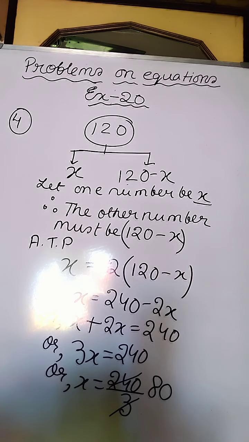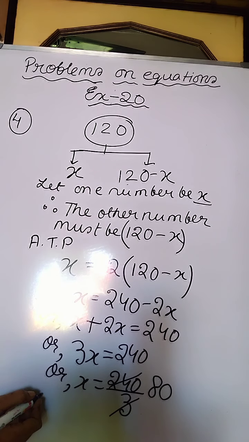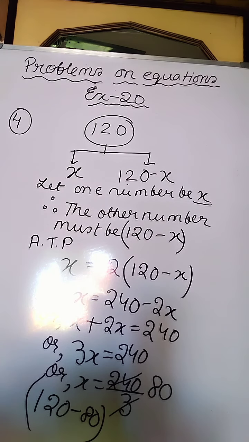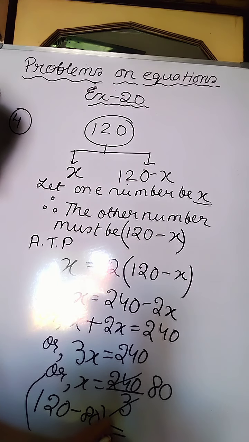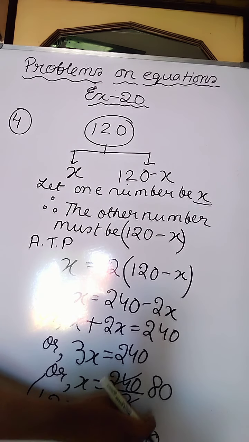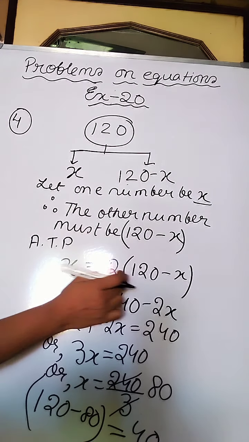x is 80 means the greater number is 80. Therefore, the smaller number must be 120 minus x, that is 120 minus 80, which equals 40. So as you can see, 80 is equal to twice of 40.